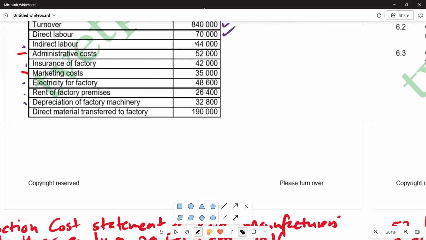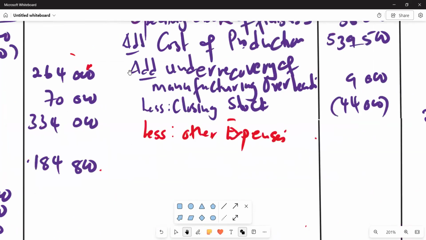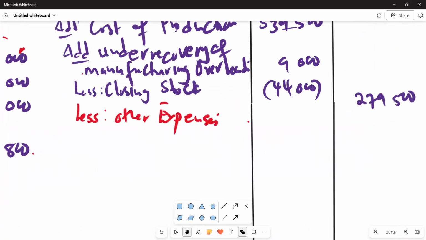So let's just go there. Here now we are saying administrative costs, and then the amount that we are having.